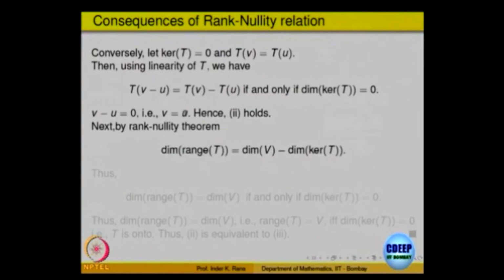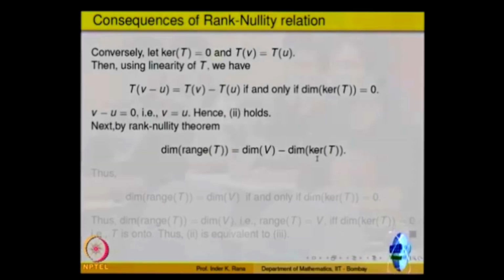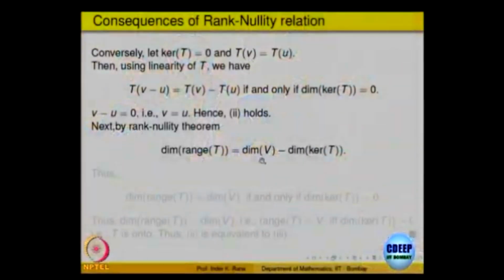2 is equivalent to 3 is a direct consequence of the Rank-Nullity theorem. By the Rank-Nullity theorem, the dimension of the range is equal to the dimension of V minus the dimension of the kernel. If the dimension of the kernel is 0, that will happen if and only if the dimension of the range is equal to the dimension of V. But the range is a subspace, so that means the range should be equal to the full space.